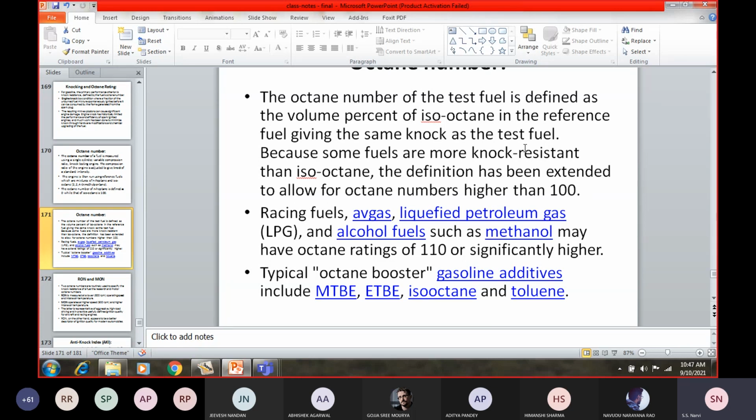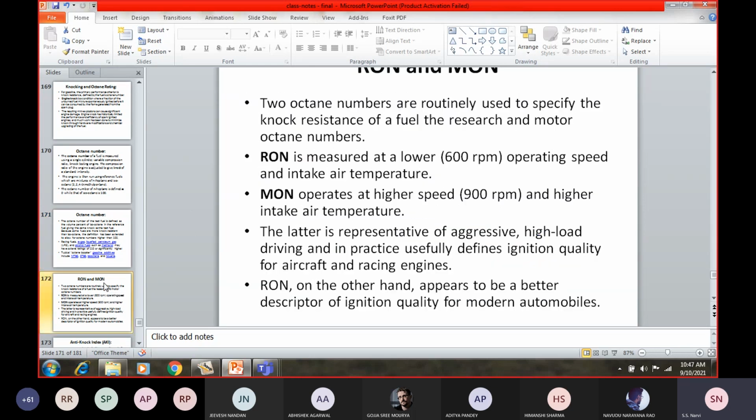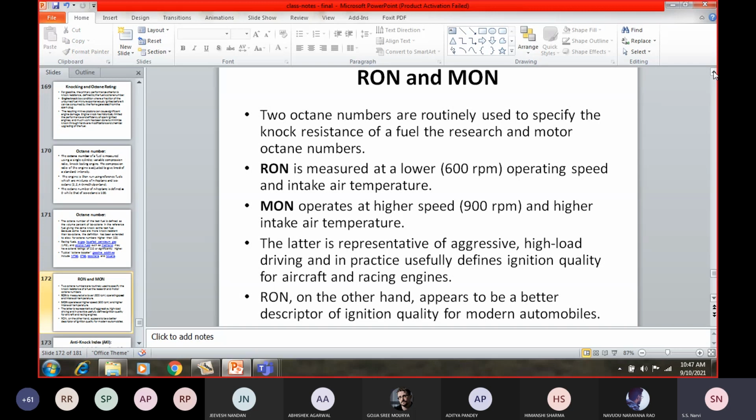Now there are two types of octane number. One is known as the road octane number, and another is the motor octane number.